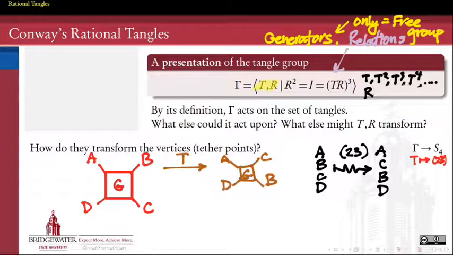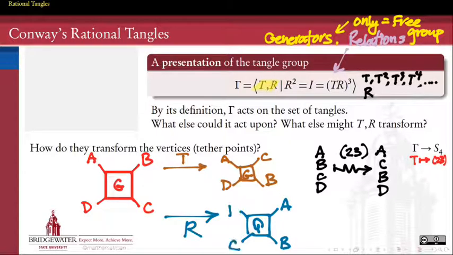Okay, so that's what would happen to the people standing on the outsides of the tangle when we do the T step. What happens when we do the R step? If I start with the same tangle in the beginning and I do R to it, my tangle in the middle is going to rotate, which we're not going to care about right now because we're only looking at the people standing on the outside. What do we end up with? Yeah, you got it, exactly.